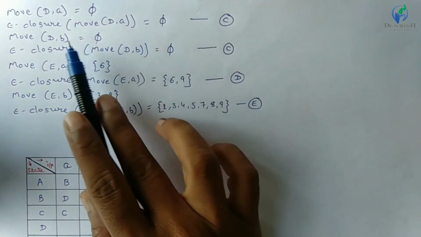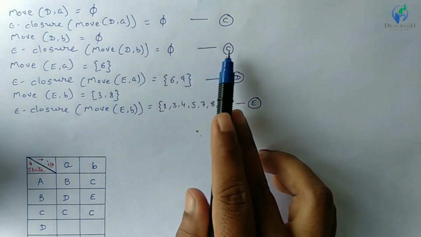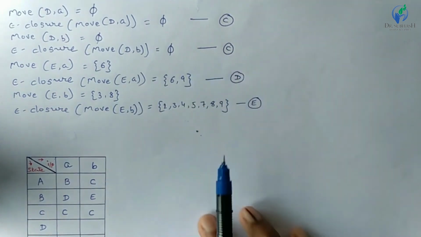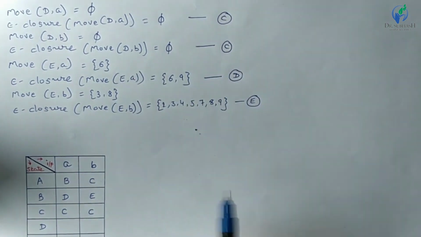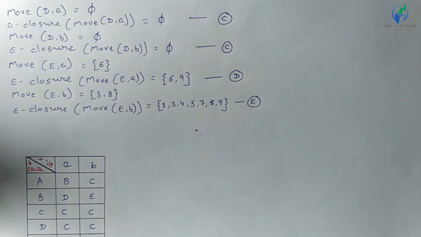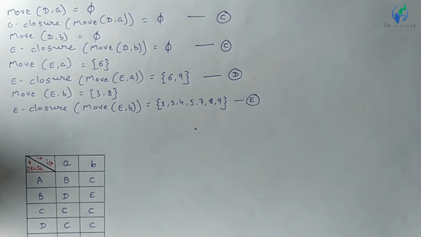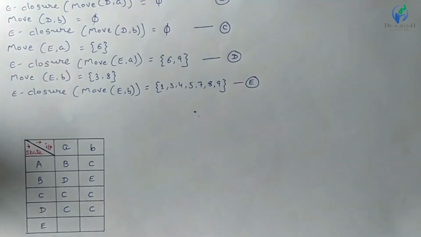And D to B, it's also a C state. So write this entry in the transition table: D to A, C; D to B, C. Now check for E state.